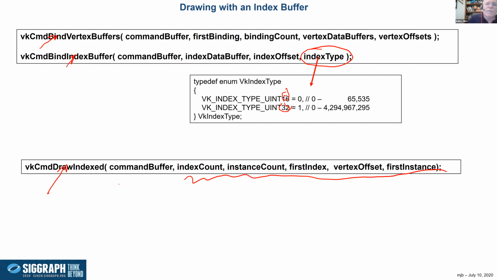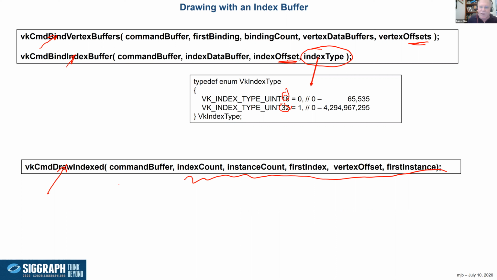This way you save half the memory if you have no more than 65,000 numbers from 0 to 65,000. Notice there are things called offsets in here. There's an offset there, there's an offset there. What are those about? Vulcan gives you the ability, if you want to put more than one set of things in a certain buffer.